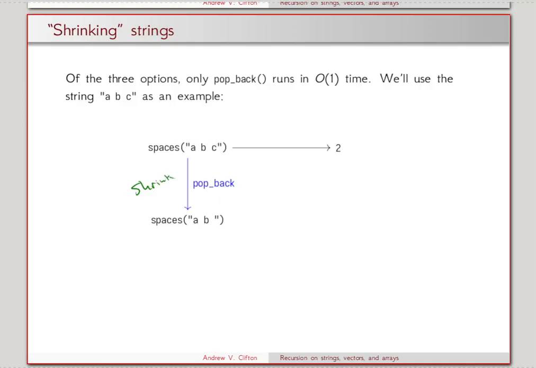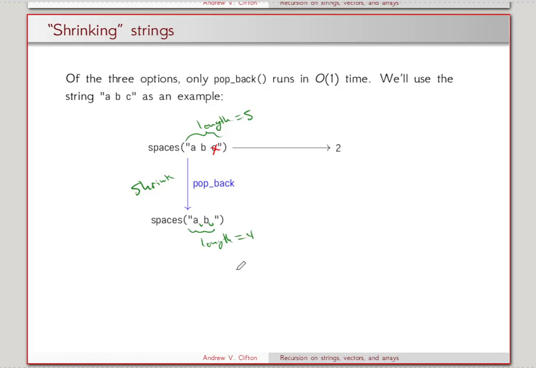So the pop_back is going to remove the character c from the original string, leaving me with a string that has one less character. So this string up here has a length of 5, and this one here has a length of 4.